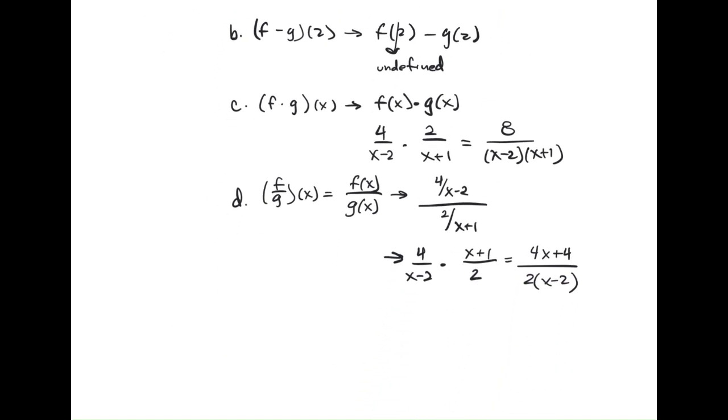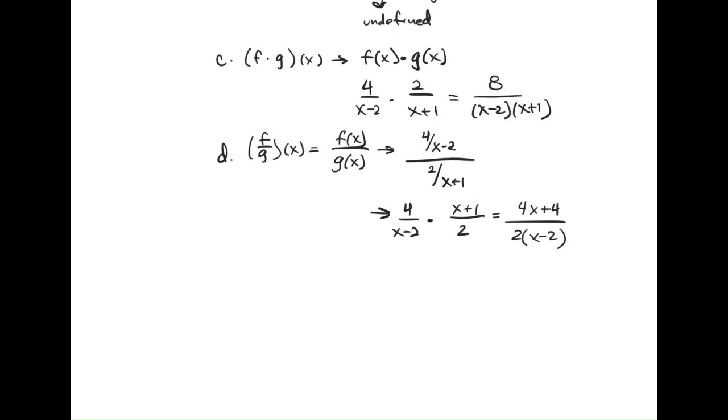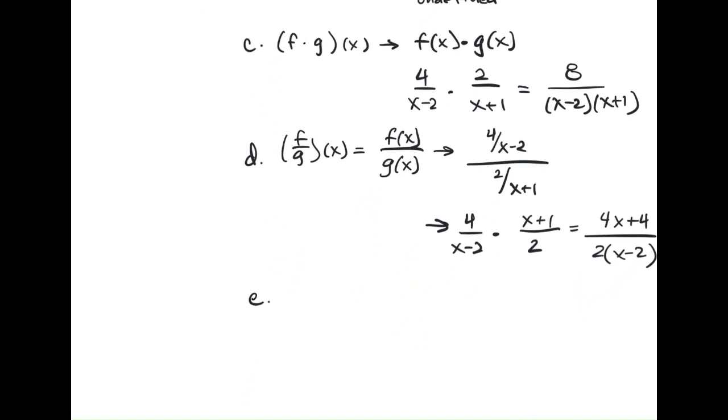Now part E is G composed with F of 4. We can think about that as G of F of 4.